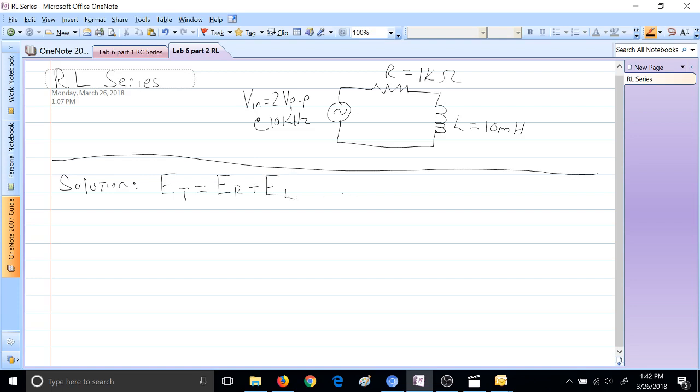We also know from our previous experiments that when we're looking at a purely RL series circuit, the current lags the applied voltage. And again, everything is always with reference to the applied voltage.